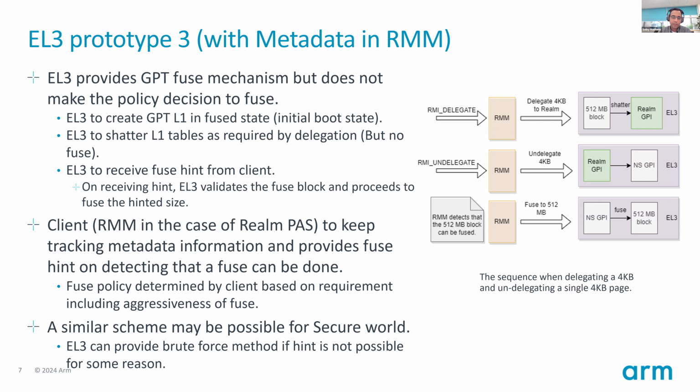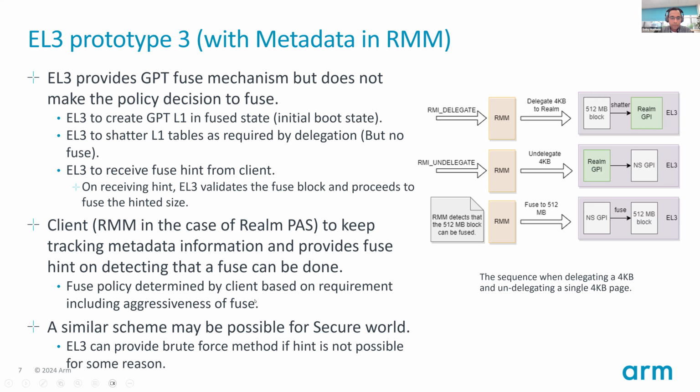That is not present today, but in future, when we have device assignment for CCA, there would be SMMU mappings in RMM. And only for those mappings, RMM would request a fuse. So RMM can decide the fuse aggressiveness. EL3 doesn't need to unilaterally fuse.